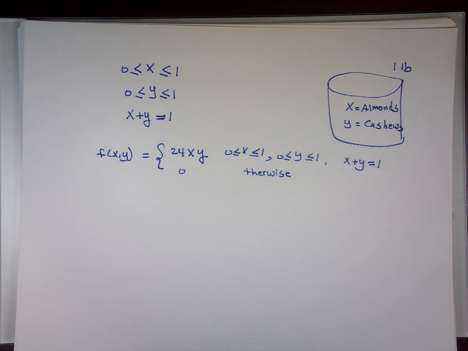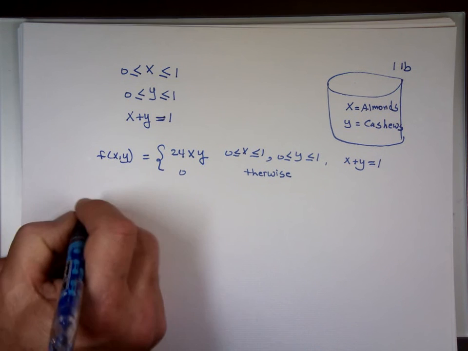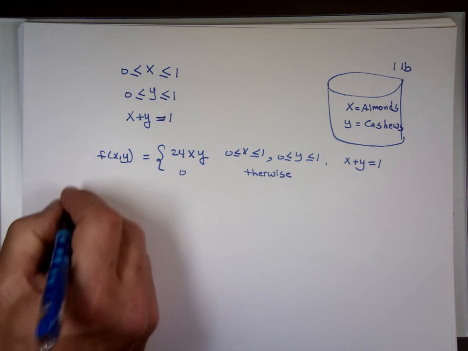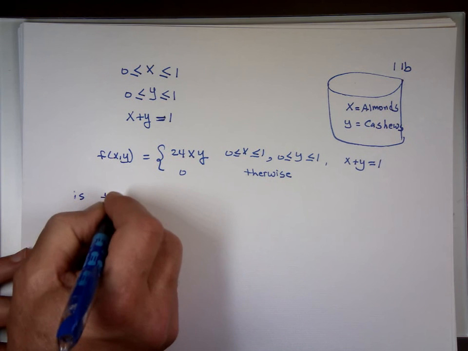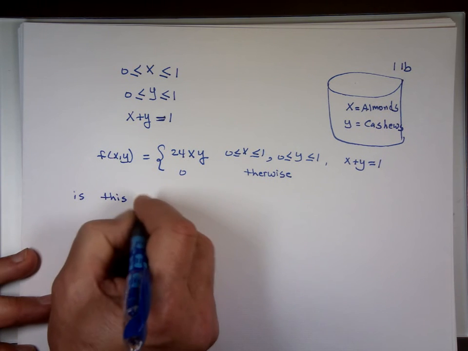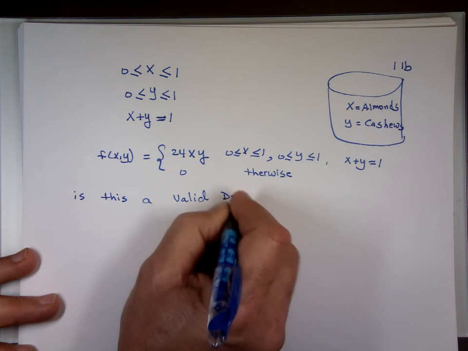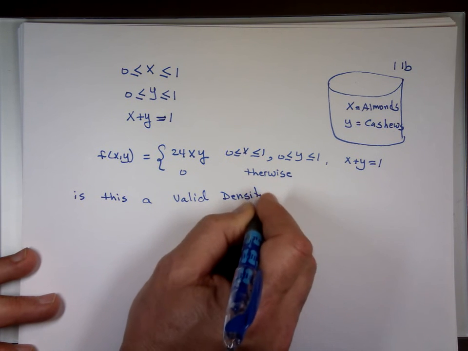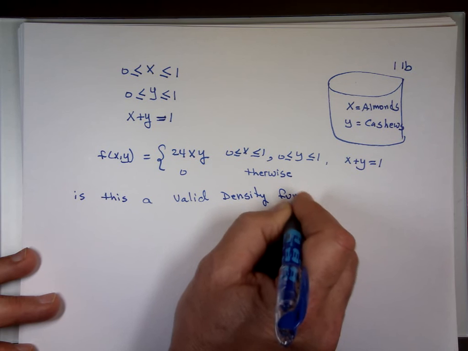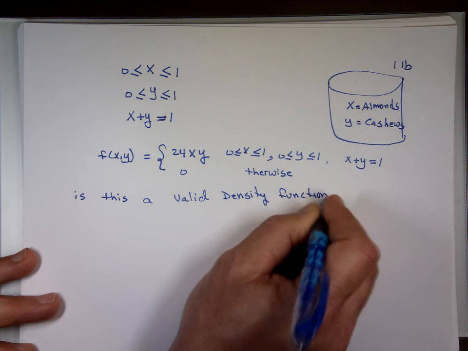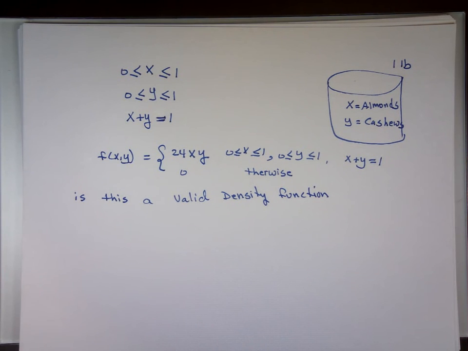Now, the question is, is it a valid density function? Now you're going to use really some calculus. Well, to be a valid density function, we need to double integrate, right?